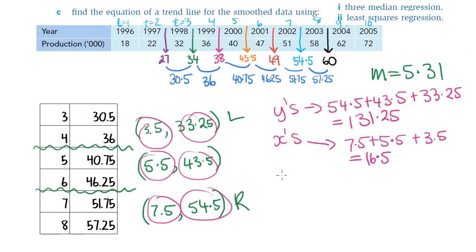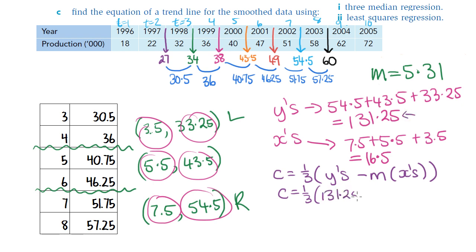Now the formula for c is a third of all my y's added together minus m times all my x's added together. So let's sub those in. We have c equals a third of all my y's, which was 131.25, minus m, which was 5.31, times all my x's added together, which was 16.5.